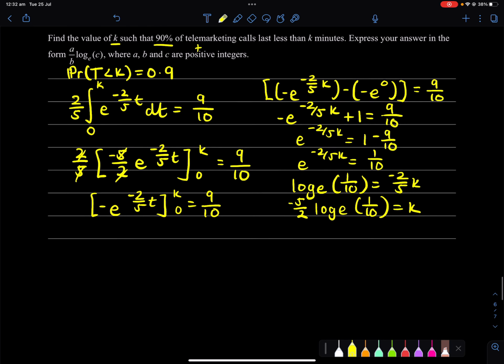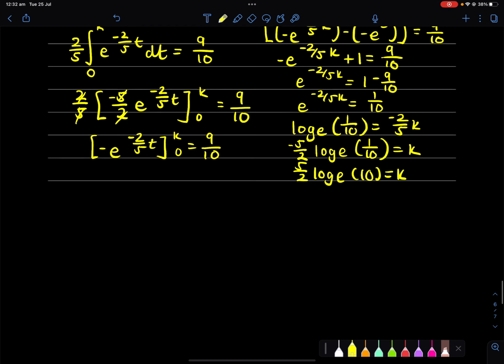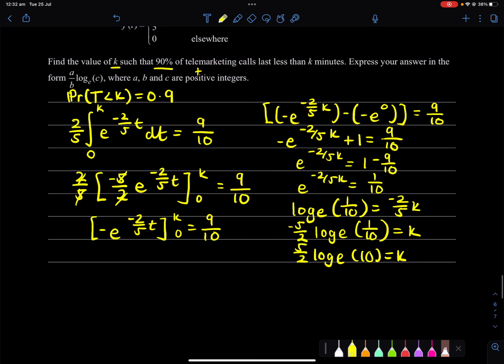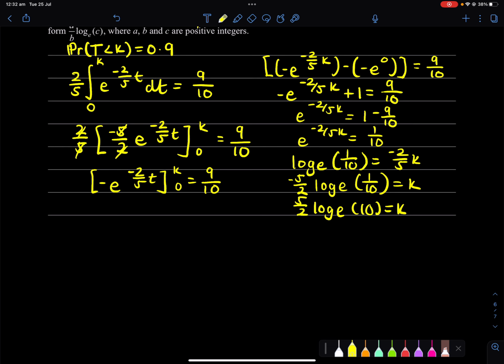We've got a negative here, so we can simplify it to 5 over 2 log e 10 equals k. Same as that. So a and b are positive integers: 5 is positive, and the other values are also positive. Yes, I think that's right. I hope it is right.